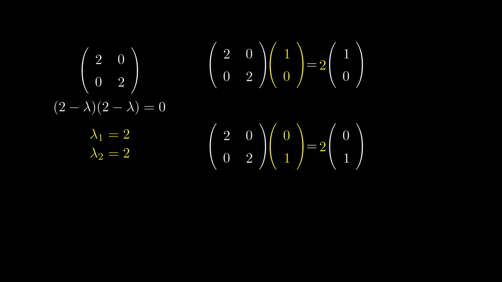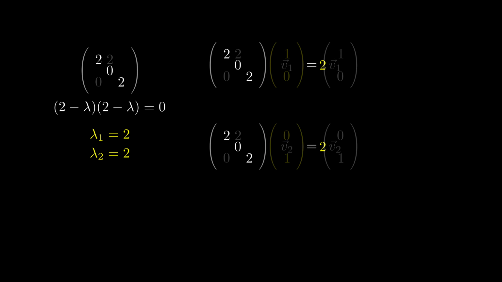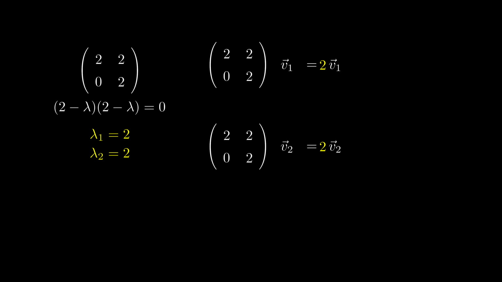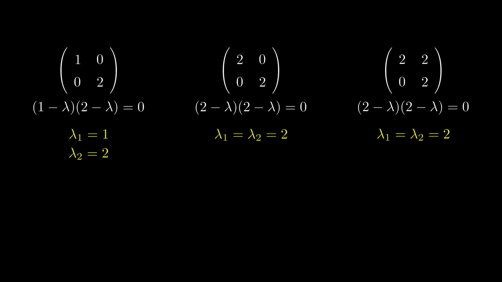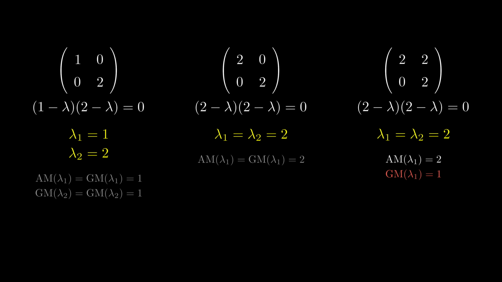But when we try to find the two eigenvectors for the third matrix, we have trouble. (1, 0) is a valid eigenvector, but we cannot find a second eigenvector that is orthogonal to (1, 0), which means the eigenspace only has a dimension of 1. Putting these examples together, we see that the algebraic multiplicity is always greater than or equal to the geometric multiplicity.